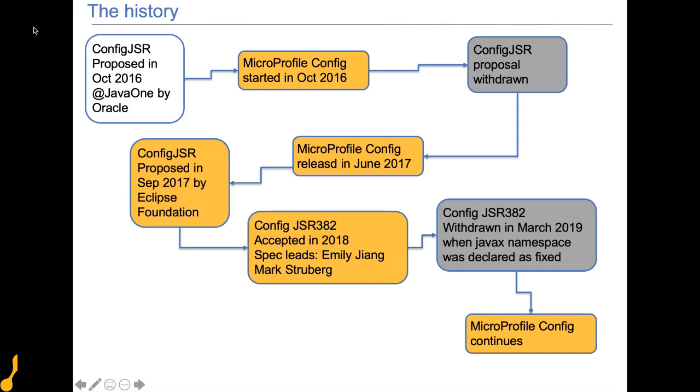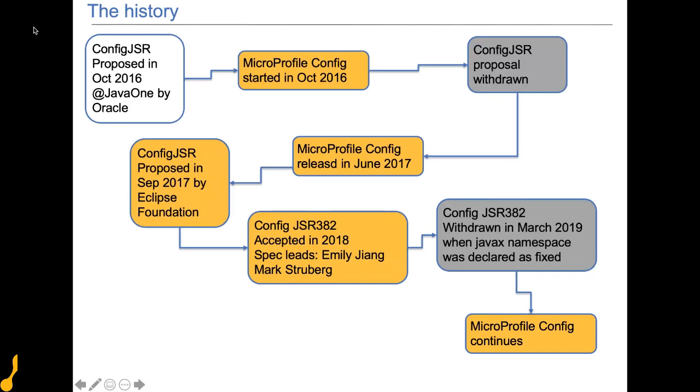This is one of the main reasons we thought, okay, if we standardize in the JCP, and then we want to do further development, we have to rename from javax to jakarta, which is not a good thing.